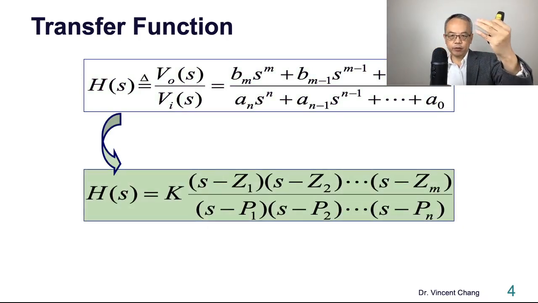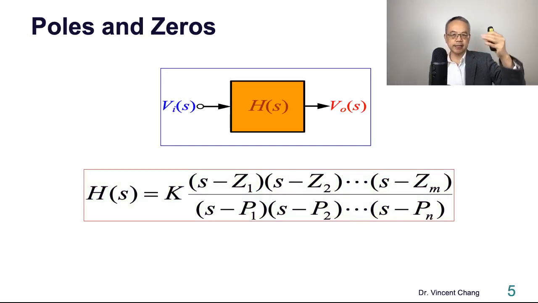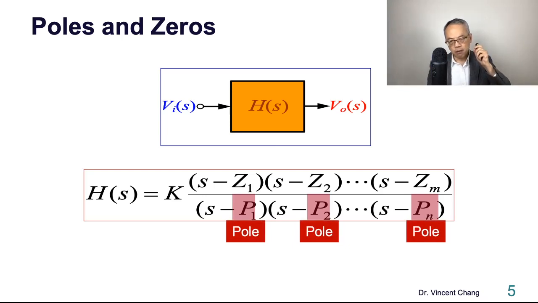And then we can reduce to this simple form. And then you find some roots in the numerator and the denominator. The roots of the denominator are called poles. So P1 is the first pole and P2 is the second pole.